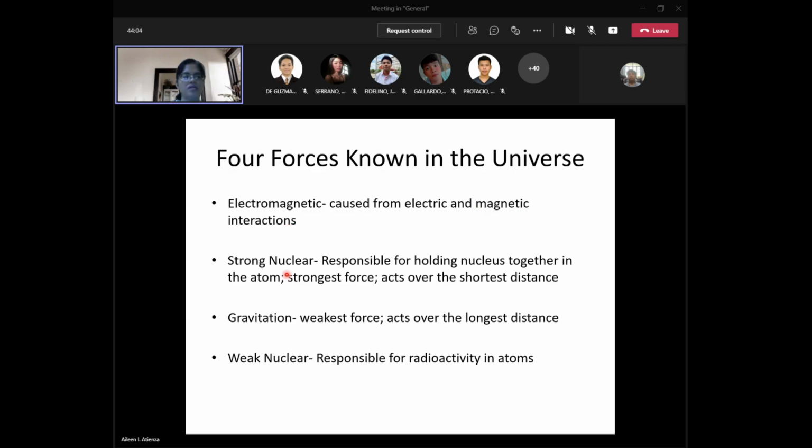Okay? And then we also have the strong nuclear force, which is responsible for holding nucleus together in the atom. So take note that at the nucleus, this is where the mass of an object is concentrated. And inside the nucleus, you have the subatomic particles. You have the protons and the neutrons.